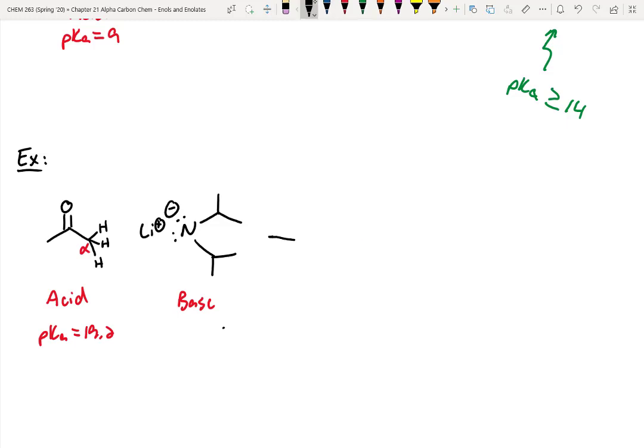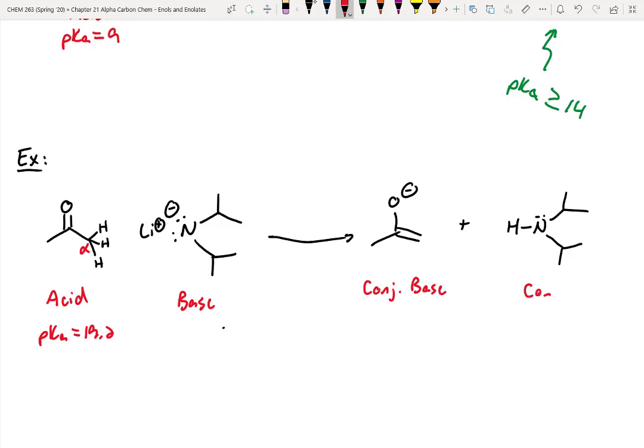But when this reacts, we're going to form our enolate at nearly 100%. And then our conjugate acid is just going to be that nitrogen with its proton back. So this would be our conjugate base, and this would be our conjugate acid.